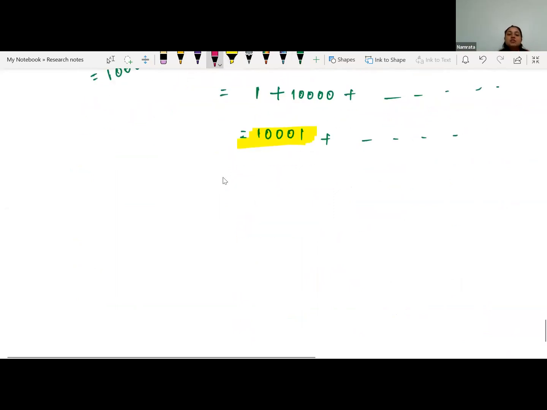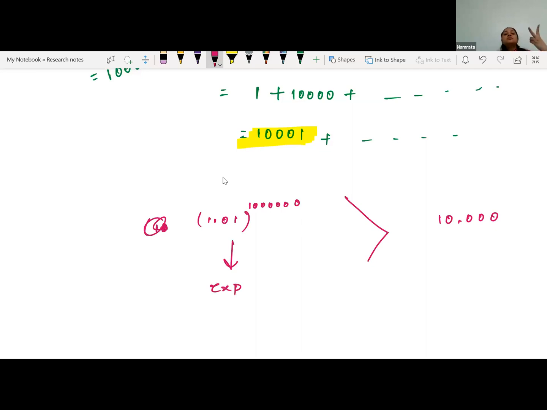So for the question given, whether 1.01 to the power 1, 2, 3, 4, 5, 6 is larger or 10,000 is larger, obviously this is larger, because after doing the expansion, just two terms give a number larger than 10,000. Is it clear? Yes, ma'am. We don't even have to expand the whole thing. Just by expanding up to two or three terms, you will get to know which one is larger. Okay.